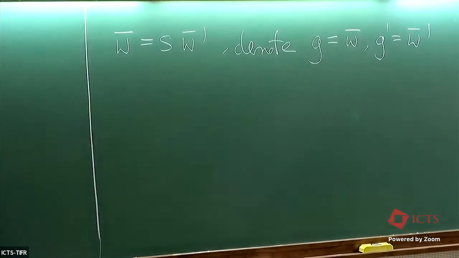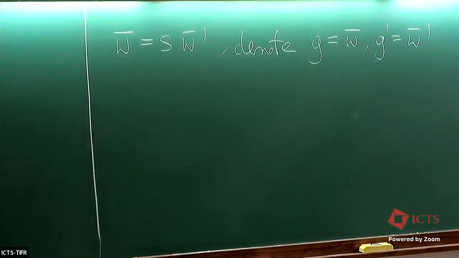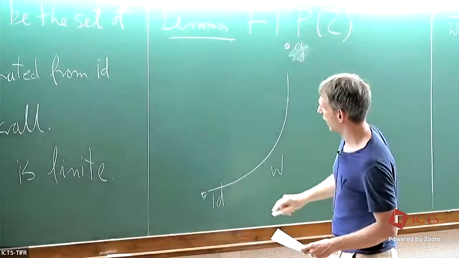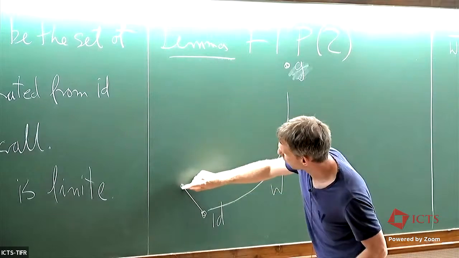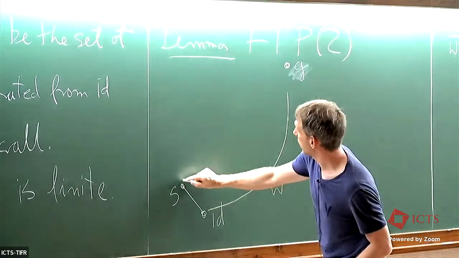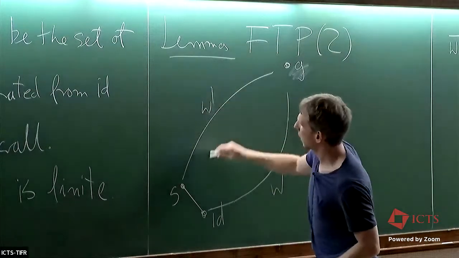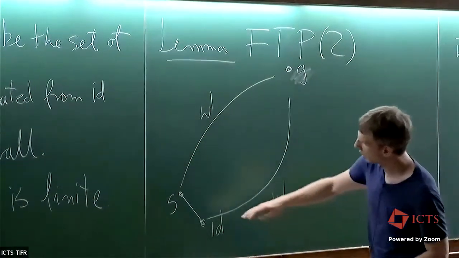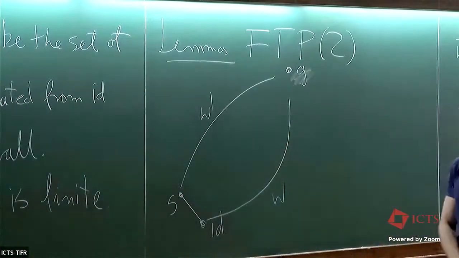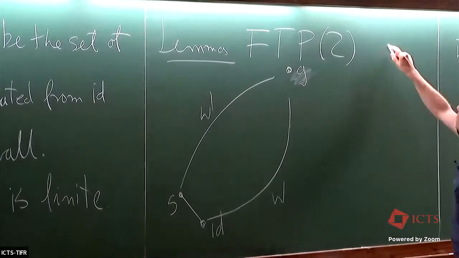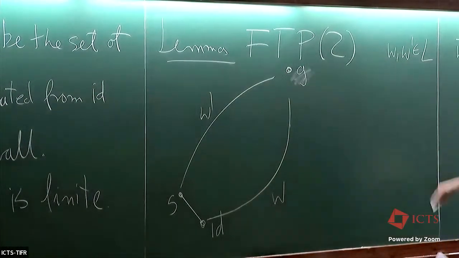So here, in fact, I have my element G, and there I have two paths from identity to G. I have the path labeled by w, and I have a neighbor s of identity, and then I have another path labeled by w prime from s to G, and I need to show that this path and this path fellow travel. So that's the statement of fellow traveler property 2. And we assume that both w and w prime belong to the language.